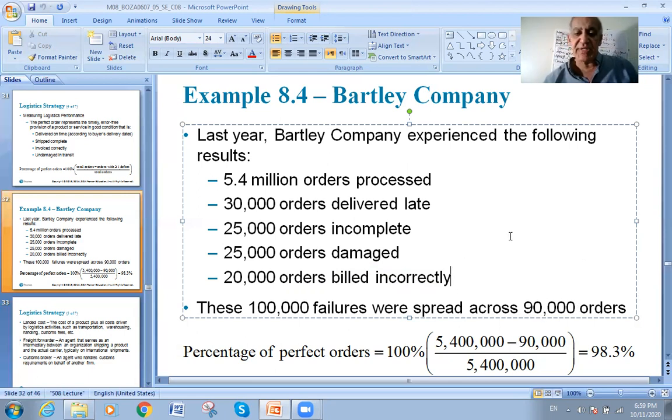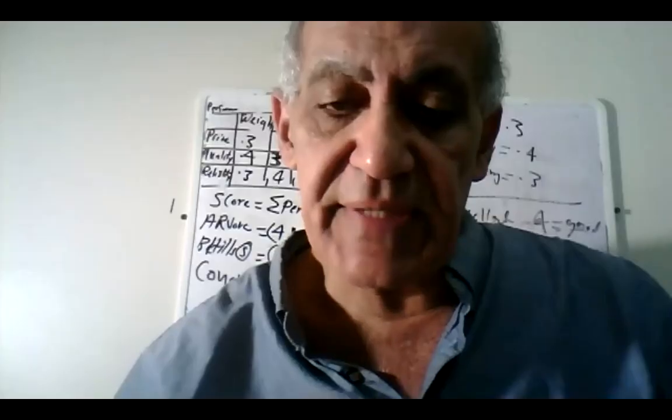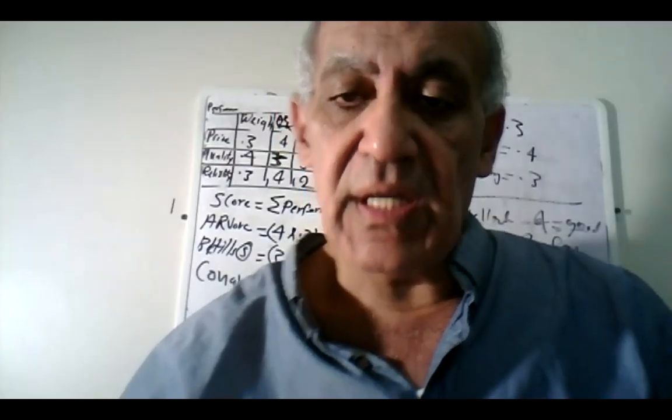So here, when we get the percentage of perfect orders, first we'll see the failure. How much is the failure? Let me stop sharing so you can see, and let us solve it. Here we have a good example of how we will collect and calculate.